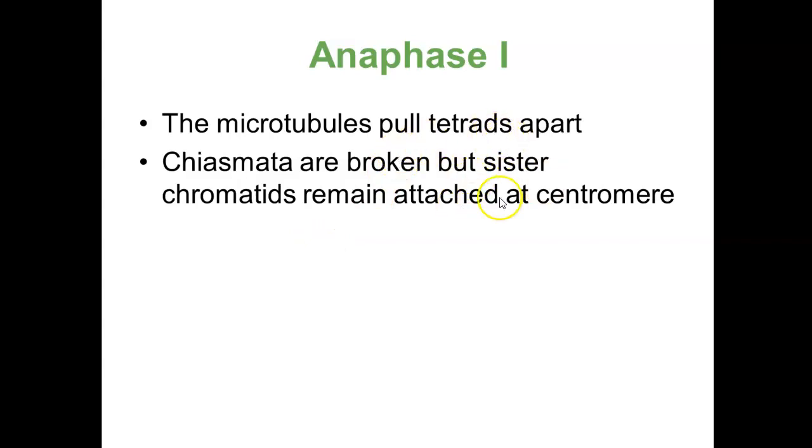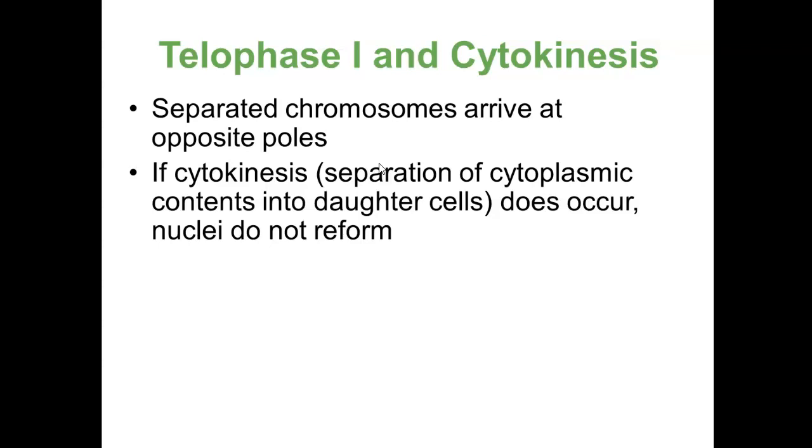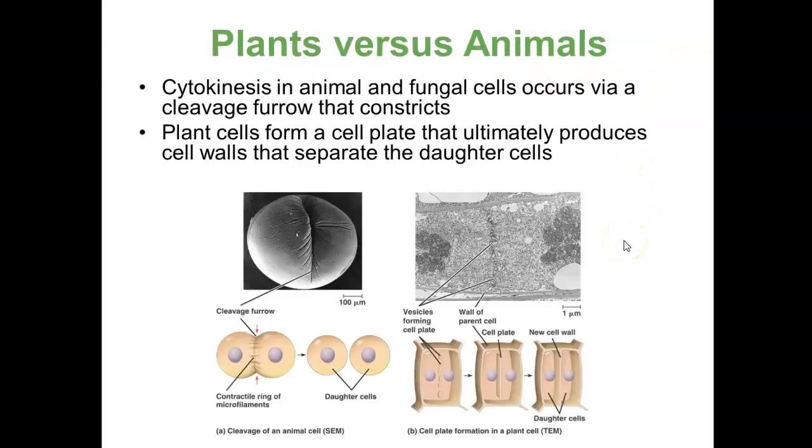We don't break sister chromatids apart from each other, but we separate the homologs after crossing over has occurred. And then we get them into a new area, not a nucleus, because we don't reform the actual nucleus, where all the DNA is gathered together, and then we split the cells in half to get 2 daughter cells.